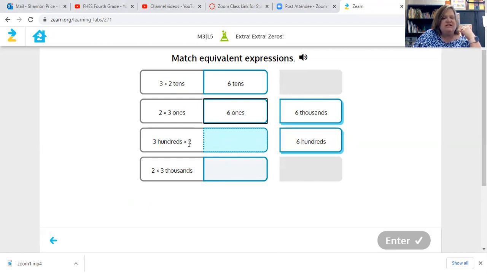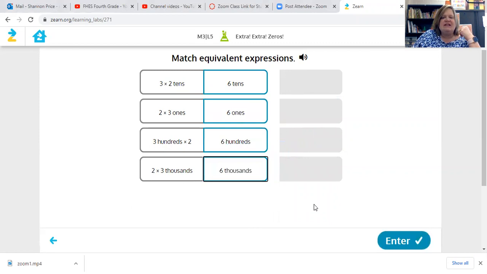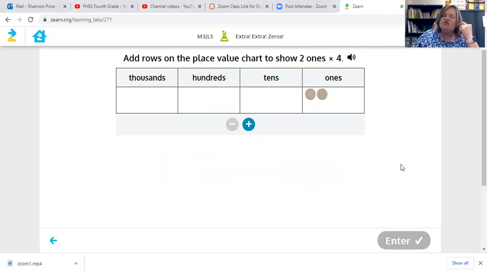So 300s times 2 would be 600s. And 2 times 3,000s would be 6,000s. And if you're working through your Zearn at home, you'll work through that before you even get to this lesson.